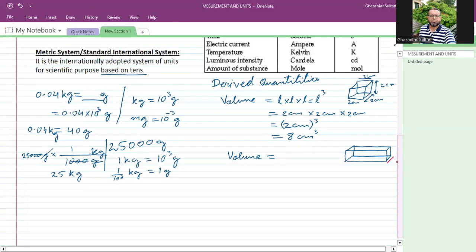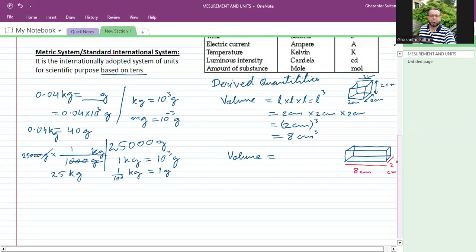One is this, for example 2 centimeter. Another is this. Suppose, because I don't have the exact measurement here, it is 8 centimeter.